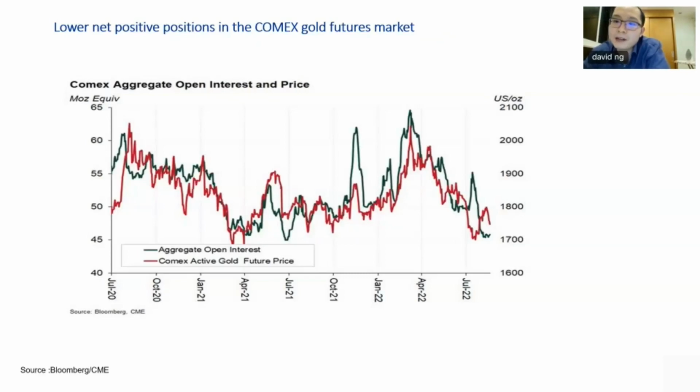And true enough, the net positions we are seeing over the weeks have been declining. So it's interesting to watch whether we are going to see net negative positions in the gold market. If that's the case, I think people are still expecting gold prices might have a bit more room to go down south. So that's how we gauge the market sentiment through the open interest positions in the COMEX market.